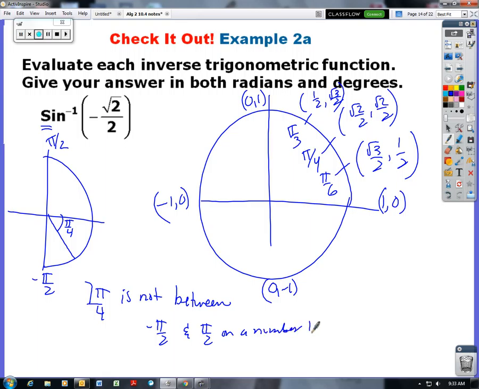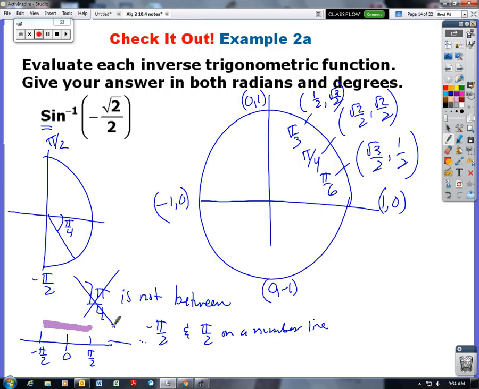I'm writing this out because it's really important. Think about the negative pi over 2 to pi over 2. If you were on a number line, here's 0, here's negative pi over 2, here's pi over 2. 7 pi over 4 would be out here somewhere. And arc sine is only defined on this portion of our number line. So we can't give our answer as 7 pi over 4. That is not going to work.